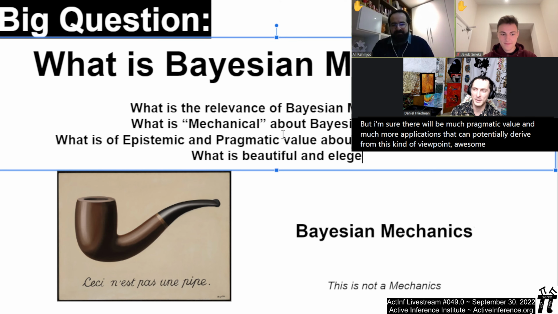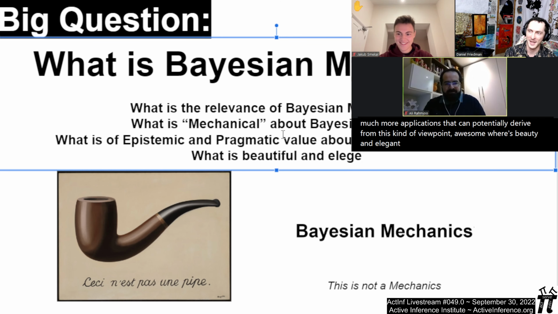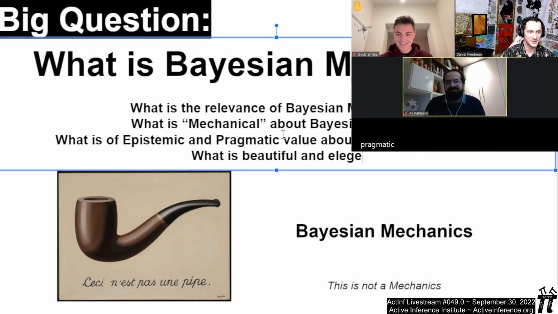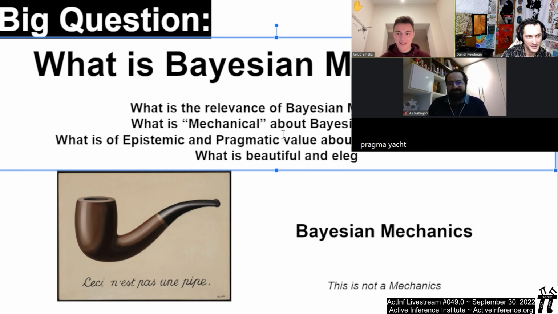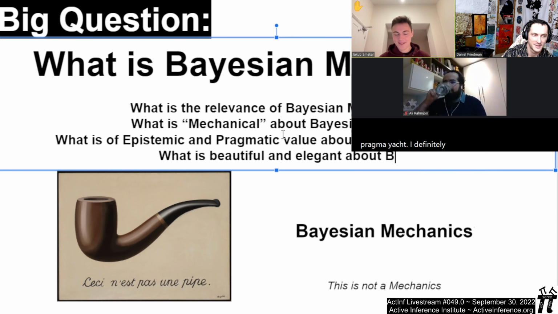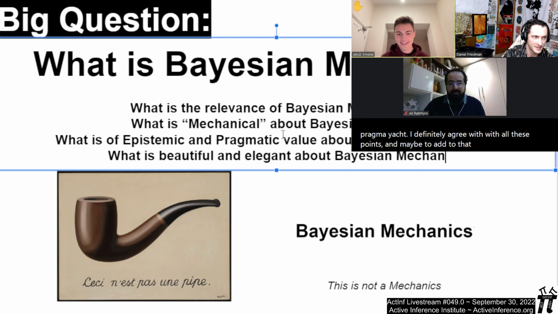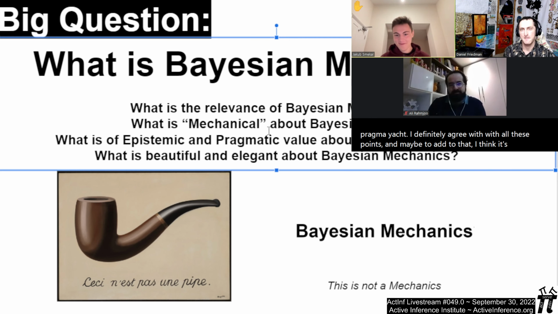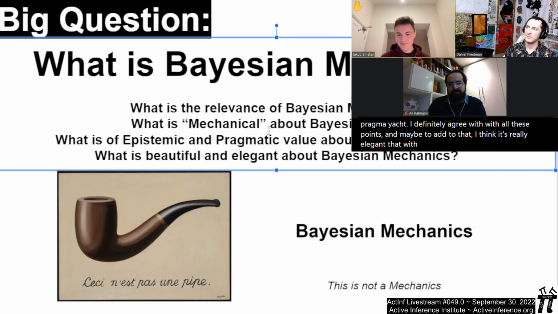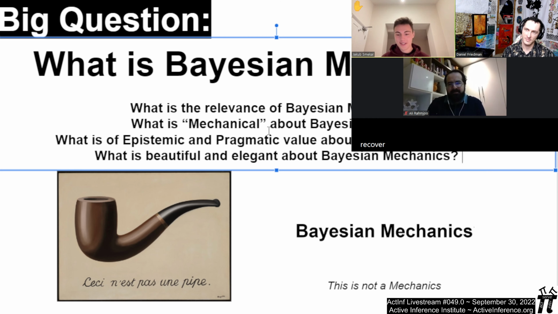Awesome. Where's beauty and elegance in episteme and pragma? Jakob? I definitely agree with Ali's point, and maybe to add to that, I think it's really elegant that within Bayesian mechanics you have a unifying formalism with which you can recover much of the same laws that we see in classical physics.